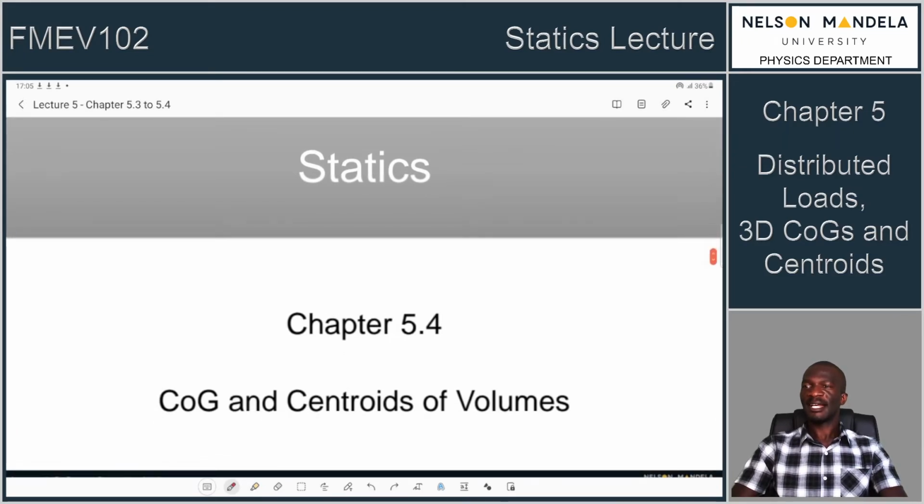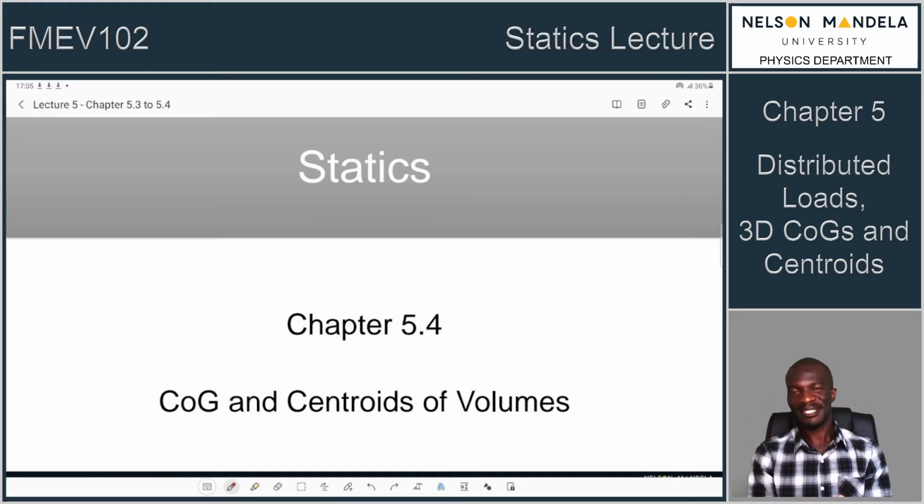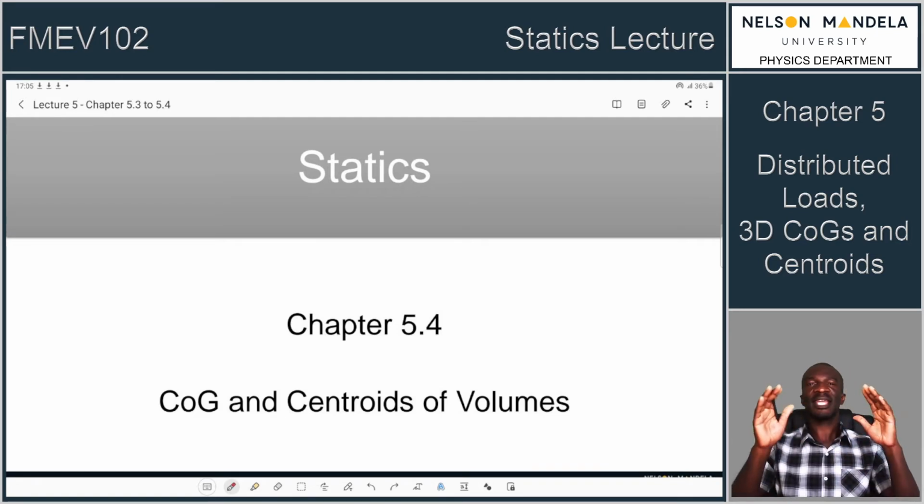Now, section 5.4, which is the section that addresses centers of gravity in 3 dimensions and centroids in 3D. It is the same concept. Remember what we did when we were looking at these bodies in static equilibrium, finding the center of gravity or the centroid using areas.